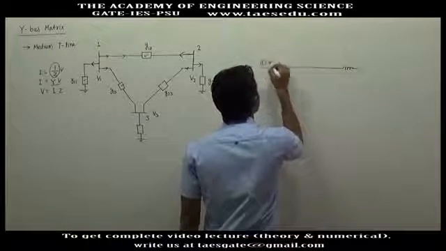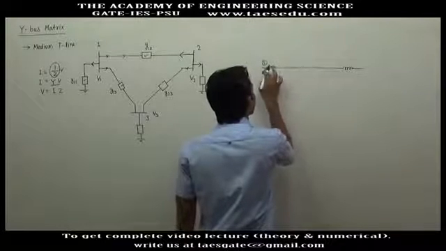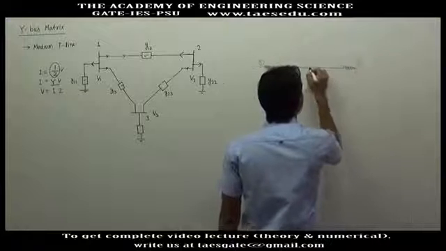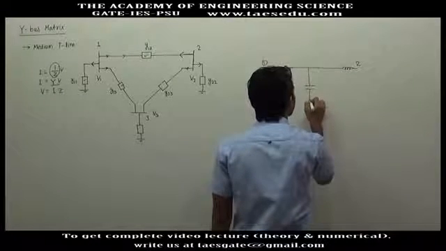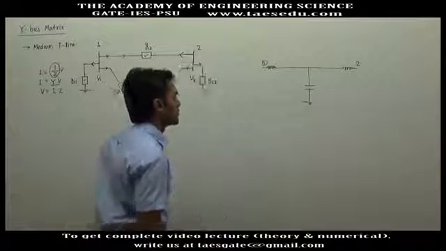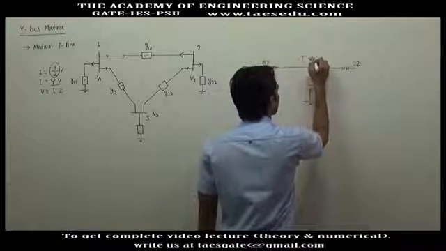Let's say this is one end, so this will be connected at the extreme end. There is no shunt part here, and this is the second, and the shunt part is connected in the middle. This is an approximate model of the medium transmission line, and this is called the T model.